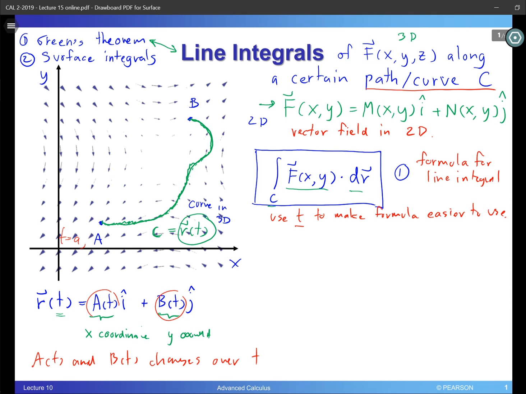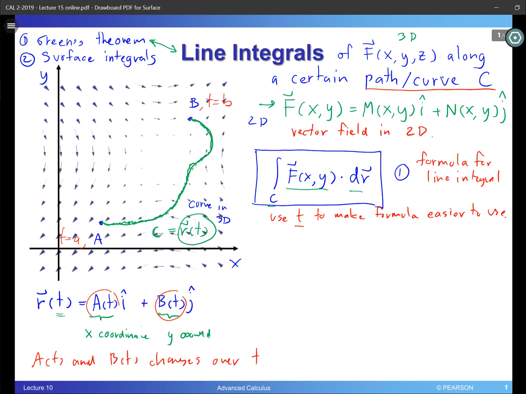I'm going to do the same thing with the big B up here. This is the timestamp with t equal to small b. So the starting point and the end point become dependent on t. The curve now depends on t as well.